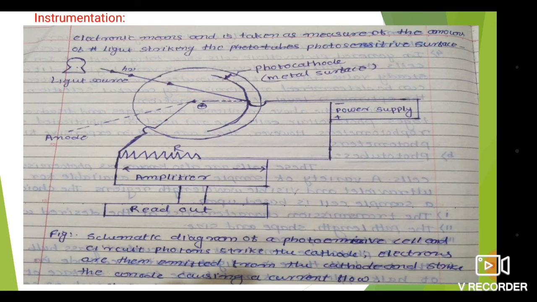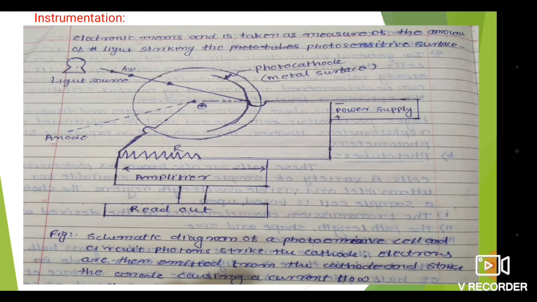The cells, as phototubes, have high internal resistance. Their output current can easily be amplified, and therefore they are employed for measuring low intensities of illumination. The exact metal or metal oxide coating on the photoemissive cathode determines the wavelength response and the sensitivity.